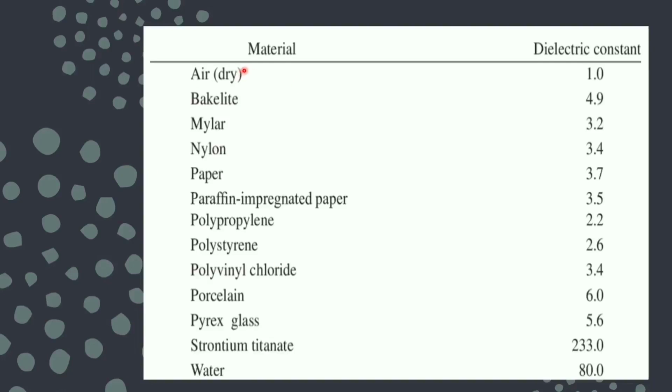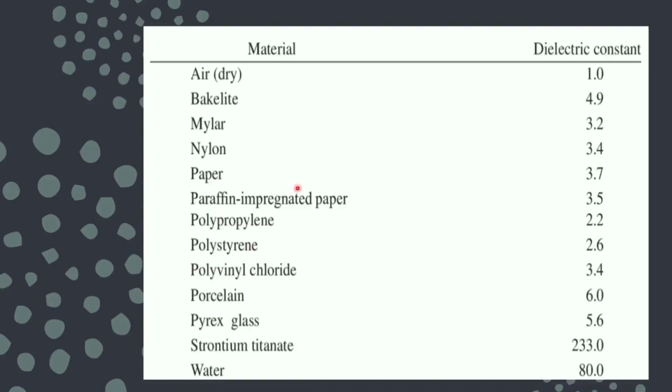And this is just again for your awareness. If you want to know the dielectric constant of different materials, for air it is taken as 1, and that is why we always speak in reference to air, like the ratio of the forces in vacuum upon the given medium, because for dry air we are calling it 1.